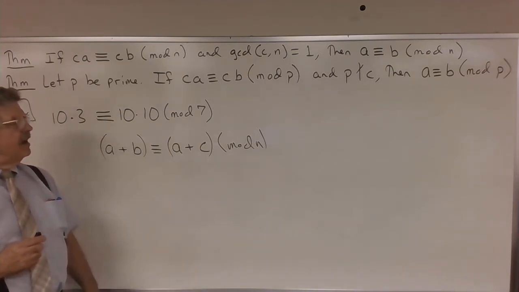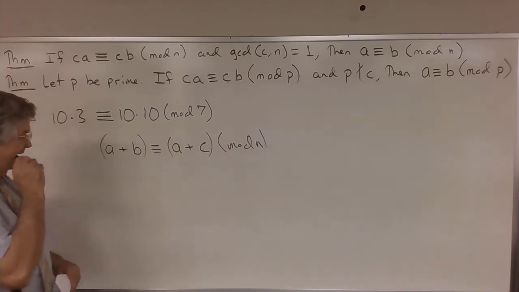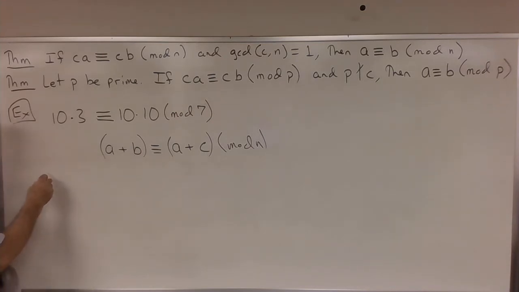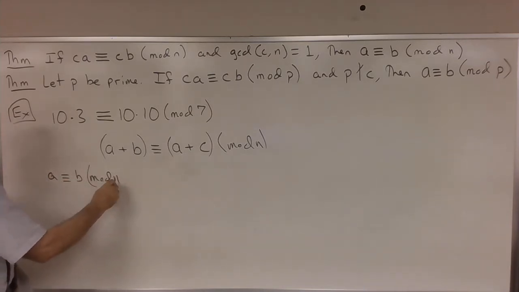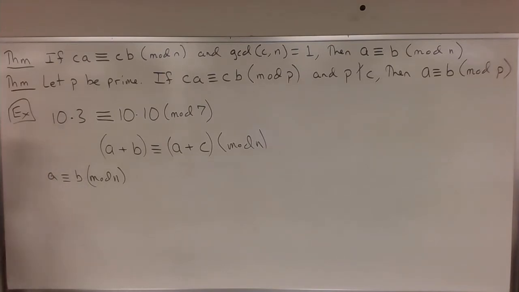We have a property that says essentially that if A is congruent to B mod n, then we can add the same number to both sides of the congruence, and the congruence still holds.